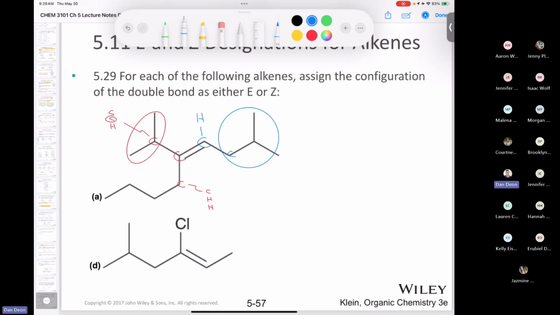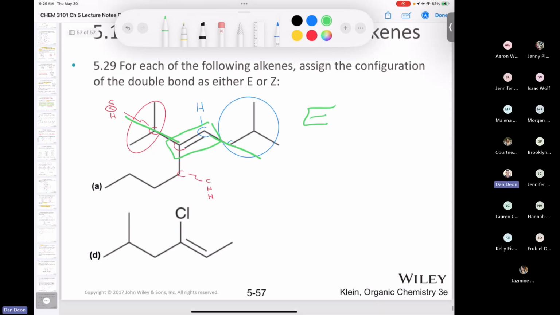Are they on the same side of the double bond or opposite sides? Right, they're on opposite sides of the double bond. If we highlight the double bond like this, one of the groups is going up, the other one is going down. So this is an E compound, right?